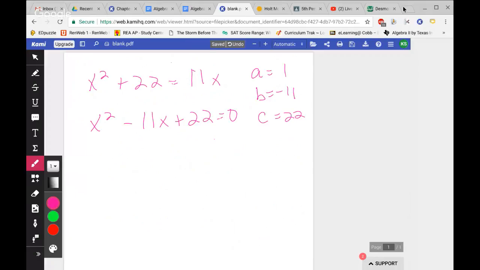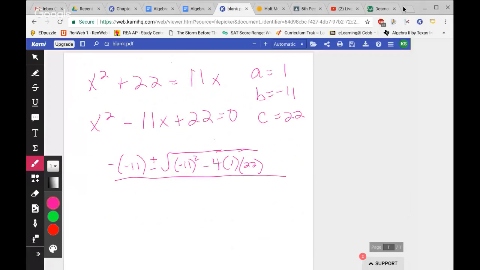So now that I've identified all of my variables, I'm going to go ahead and plug it into the quadratic equation. So I have the opposite of B, which is the opposite of negative 11, plus or minus B squared, which is negative 11 squared, minus 4 times A, which is 1, times 22, all over 2 times 1.